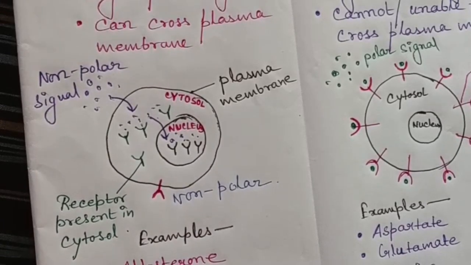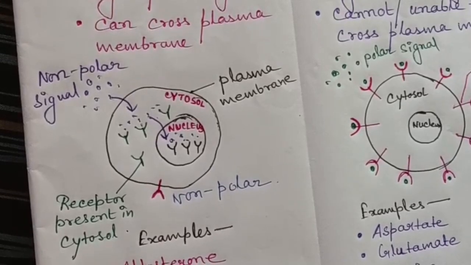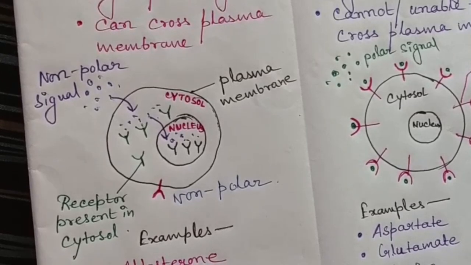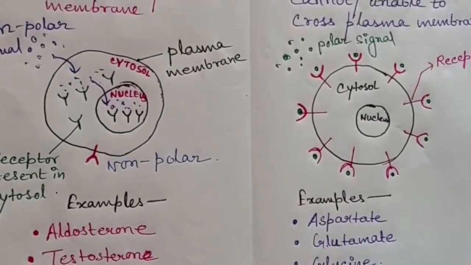In animals, prostaglandins, thromboxanes, leukotrienes are present on the plasma membrane, but they are non-polar in nature. In plants, there are also some non-polar signal receptors present on plasma membranes. Those are gibberellic acid, auxins, and glucocorticoids. So these are exceptional cases.